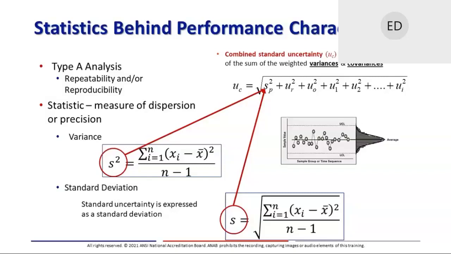So this is the statistic that's behind estimating the combined standard uncertainty for measurement results, represented as a measure of dispersion or precision as the standard deviation.